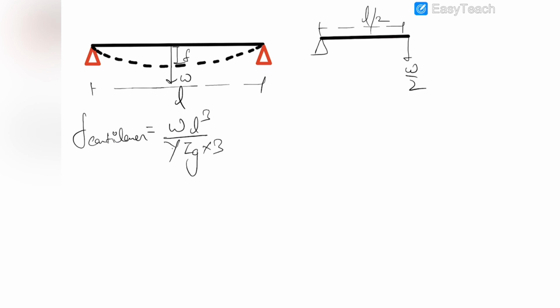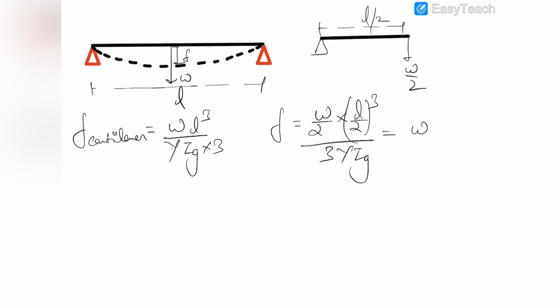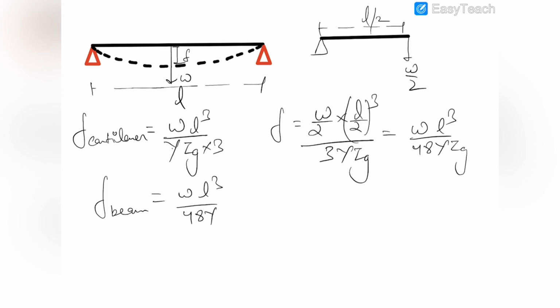Now for this single cantilever, del will be equal to W by 2 times L by 2 whole cube, divided by 3 gamma Ig. So it would be W L cube by 48, since 8 into 2 is 16, and 16 into 3 is 48 gamma Ig. So this is the depression in the beam, which is WL cube by 48 gamma Ig.